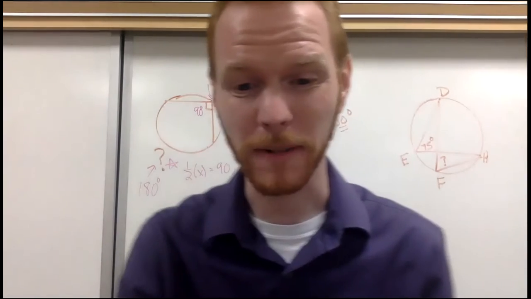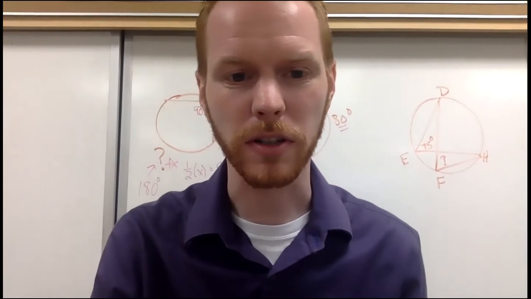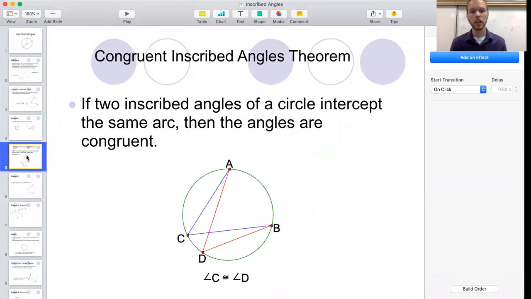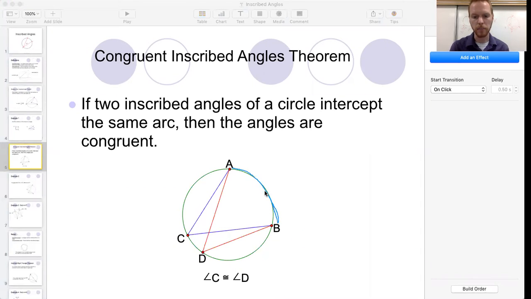Okay. Let's get back to the PowerPoint. Let's talk about congruent inscribed angles. You could probably figure this part out intuitively. For two inscribed angles to be congruent, they have to share the same arc. So this arc that I'm outlining in blue, if I look at both of these angles, C and D, and trace out their sides, they both intercept AB.